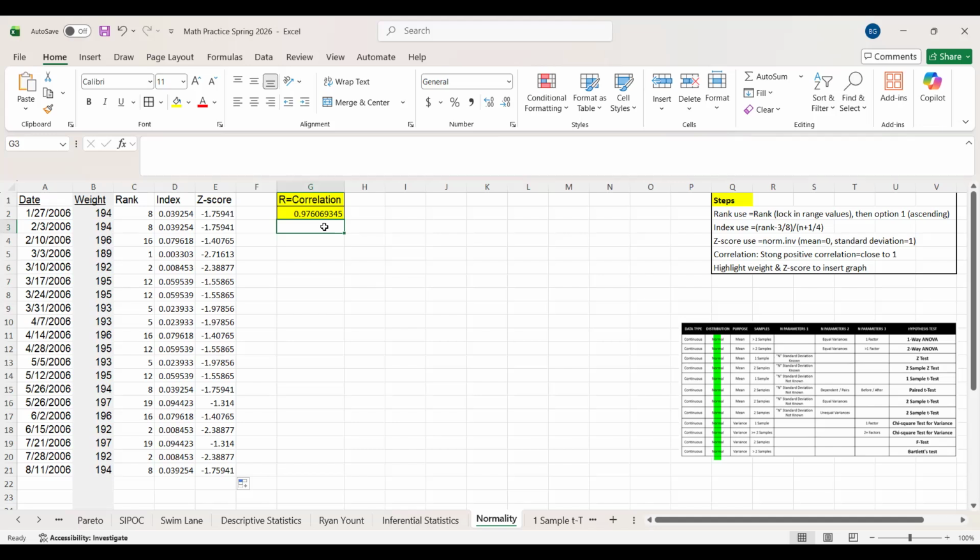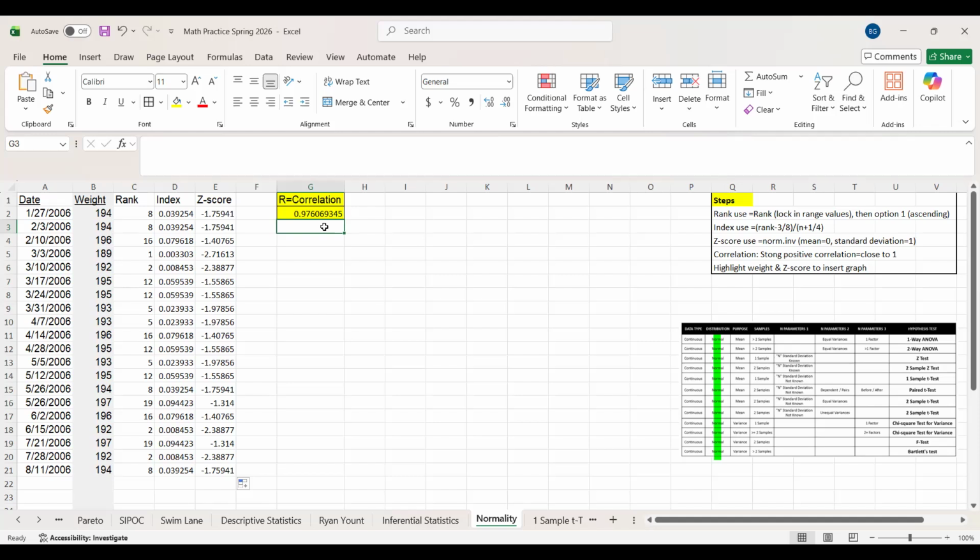The perfect correlation between two things like that is 1.0, whole number 1. If I get close to a 1, that means I have a pretty good correlation between those two things. And if I have an R correlation closer to 0.0, so it's not near 1, that means I don't have a good correlation. So what we're asking here is, for these 20 pieces of data, how closely correlated is it to a perfect bell-shaped curve?